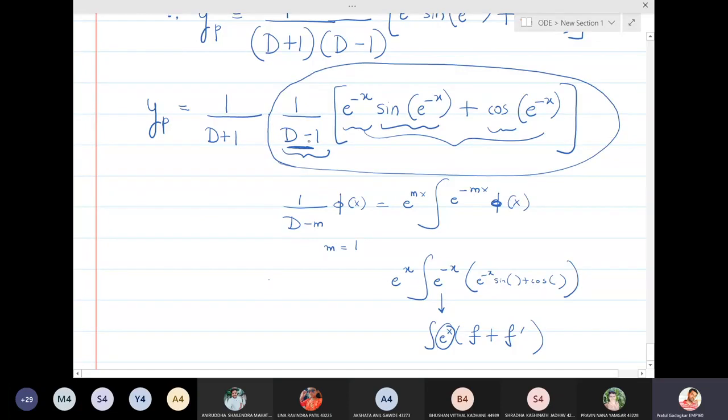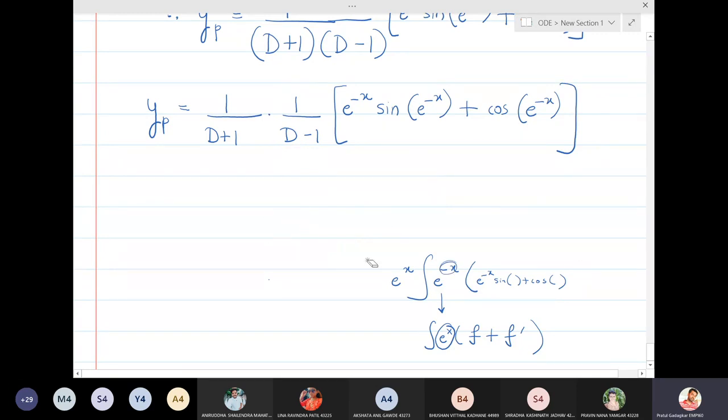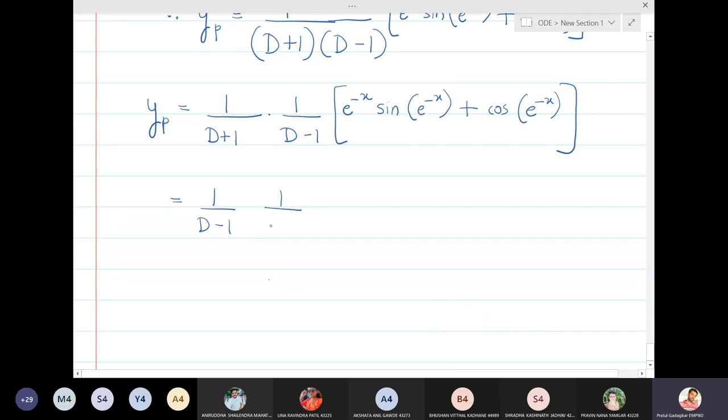Because if I take D minus 1, I'm going to get an e raised to minus x. So knowing all the troubles that are going to come in future, I will smartly swap the two operators. I will say 1 upon (D minus 1) into 1 upon (D plus 1). This is done, I've swapped them. I hope you understand why I've swapped them, so that my integration will become easy in the next step, which is e raised to minus x sine of e raised to minus x plus cos of e raised to minus x.